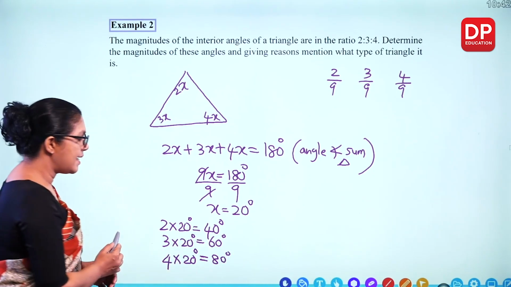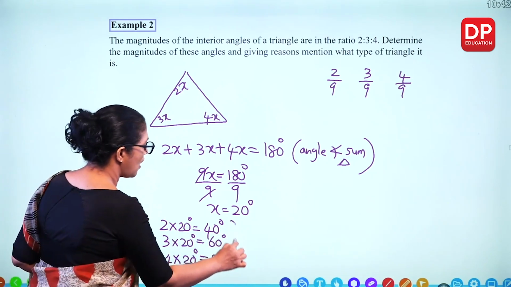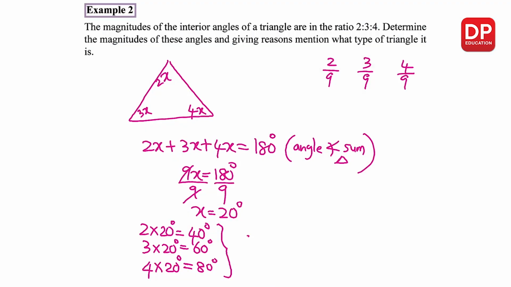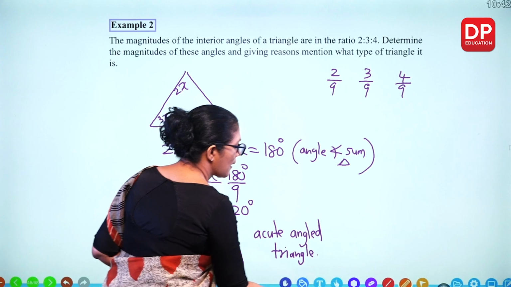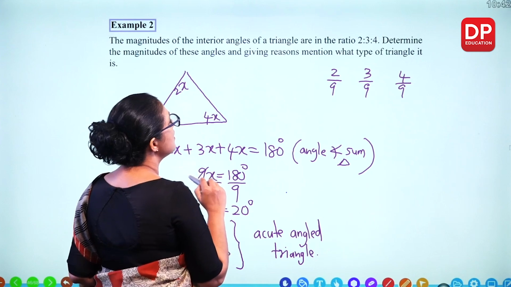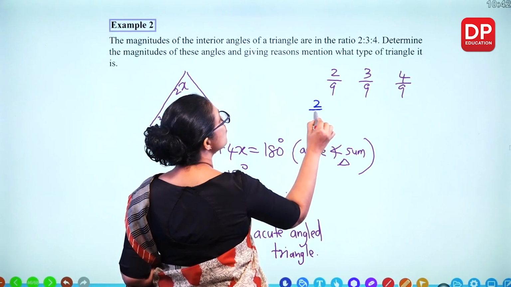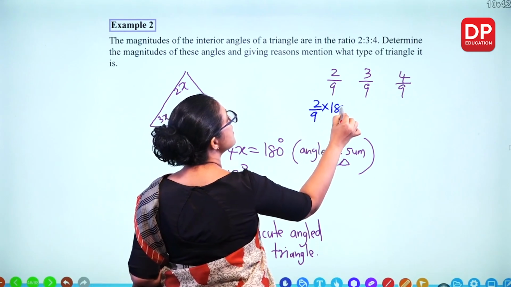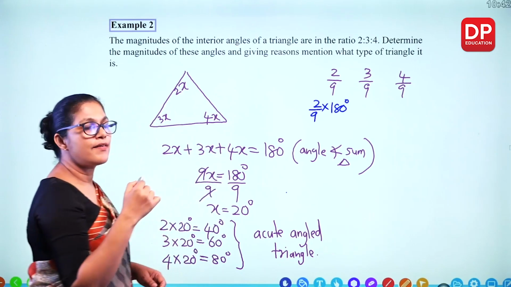So all these are less than 90. What type of triangle? Acute angled triangle. So I'll do the other method as well if you are using fractions. So one angle is 2 ninths of 180 because the sum is 180.